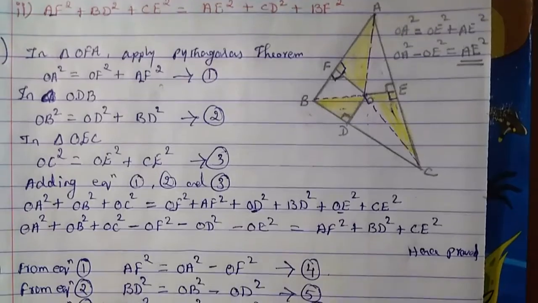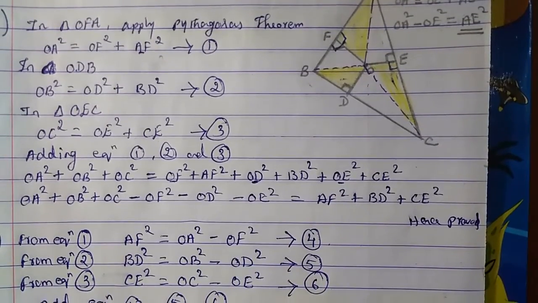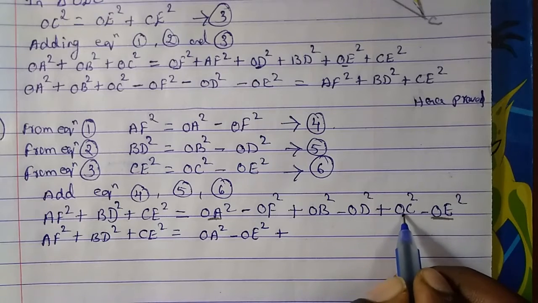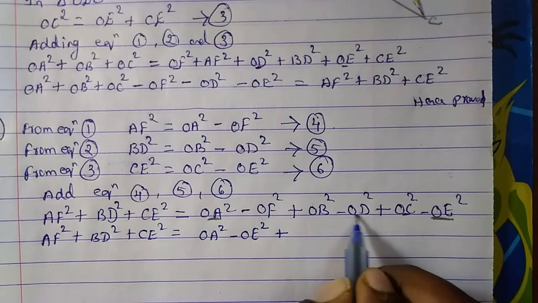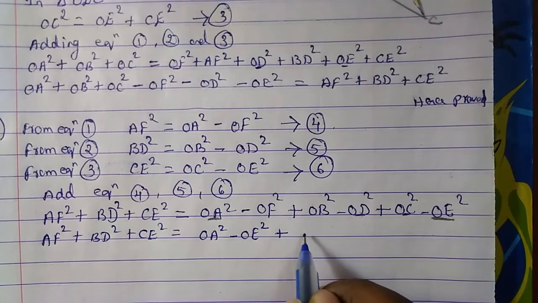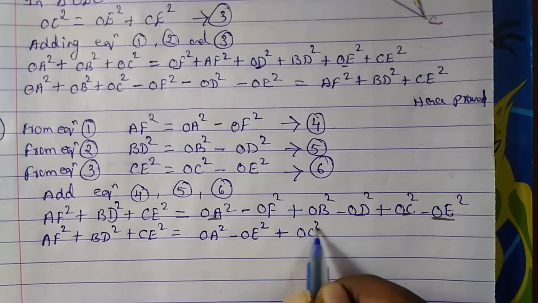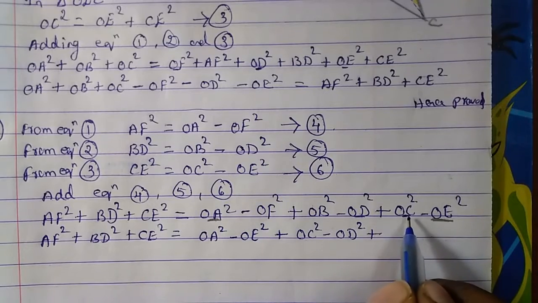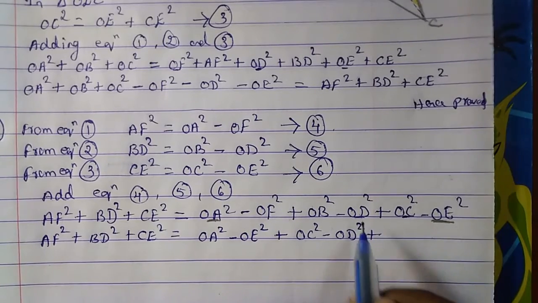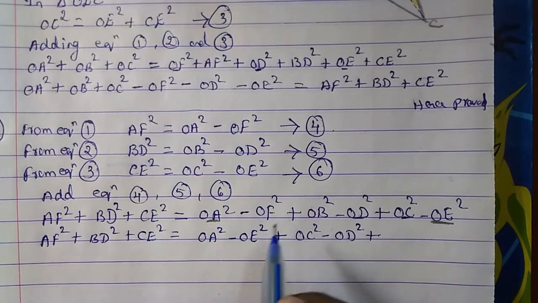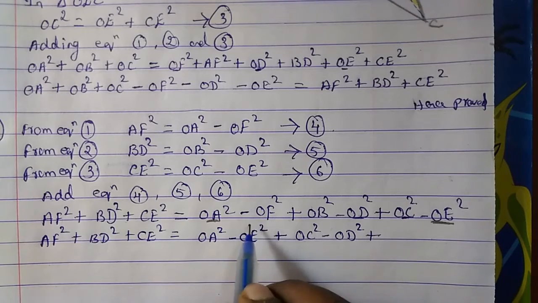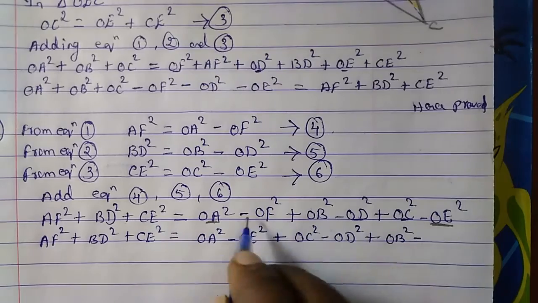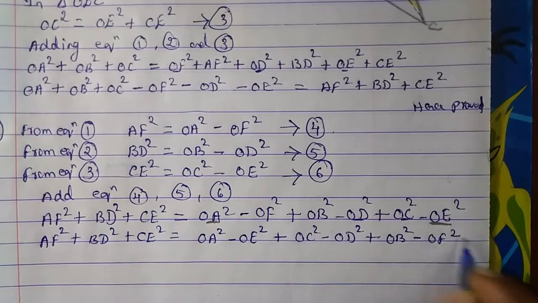So OC square minus OD square. Now this is gone, this is also gone. What is left is OB square minus OF square.